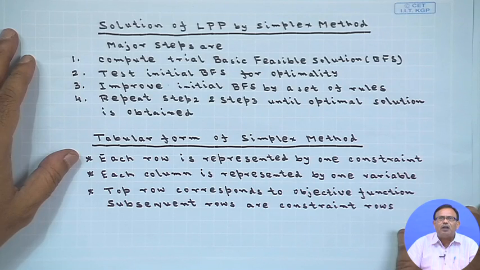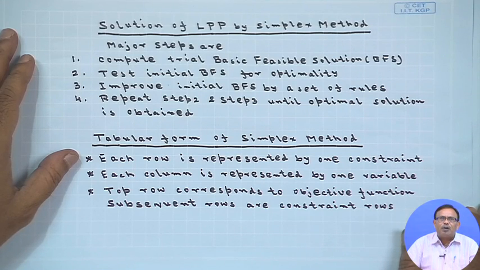We have defined earlier what a basic solution is, and how from the basic solution to find the basic feasible solution. Here we will use the concept of linearly independent vectors. Whenever we go through the examples, we will discuss it.